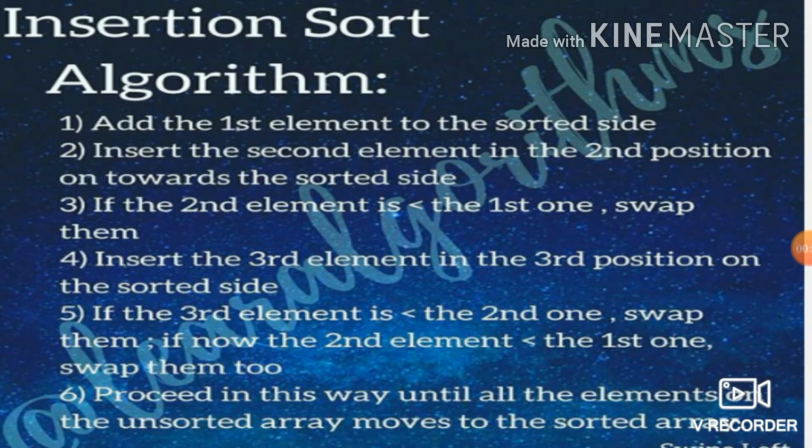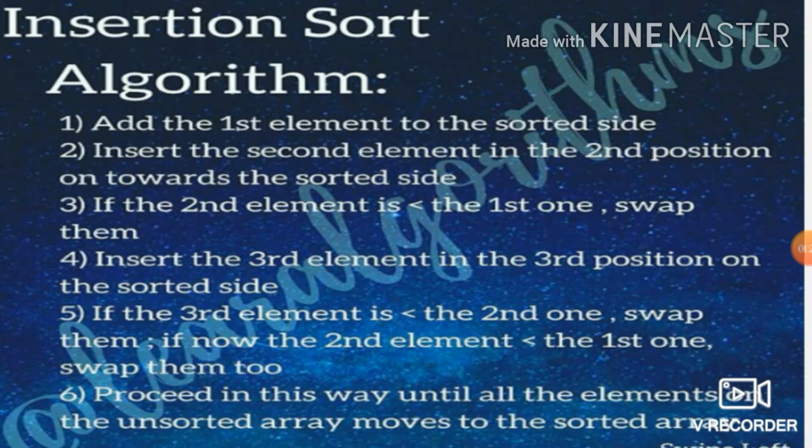Here is the detailed insertion sort algorithm. In the first step, we add the first element to the sorted side. In the second step, insert the second element in the second position on the sorted side. In the third step, if the second element is less than the first one, swap them.